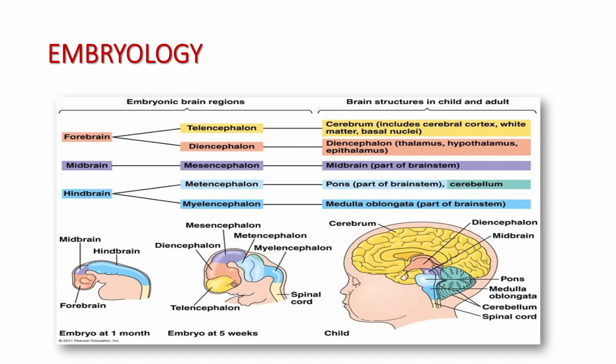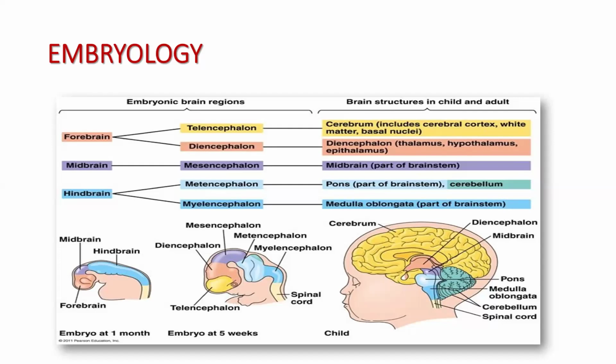The telencephalon gives rise to the cerebrum, including the cerebral cortex, the white matter, and the basal nuclei. And then the diencephalon gives rise to the diencephalon structures, the thalamus, hypothalamus, and epithalamus. And then the midbrain comes from the mesencephalon, and it remains as the midbrain, which is a part of the brainstem.